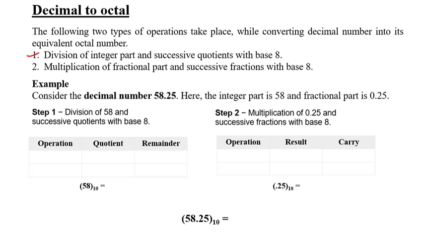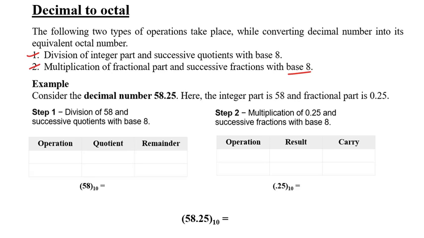In this case, the base is 8 because I want to convert my decimal number into octal. So the base of the octal number system is 8. The integer part of the decimal number is divided by 8, whereas the fractional part of the decimal number is multiplied by the base 8.